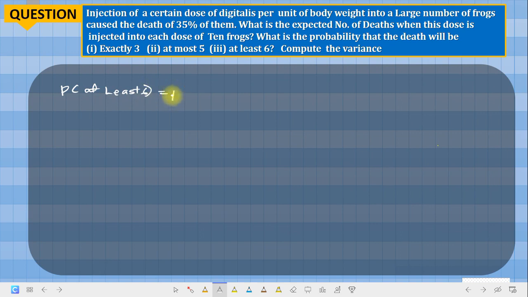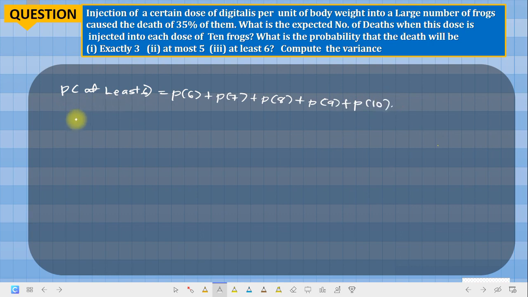So this will be the probability that 6 will die, plus the probability that 7 will die, plus the probability that 8 will die, plus the probability that 9 will die, and finally plus the probability that all 10 will die.